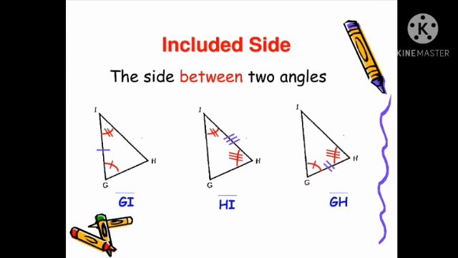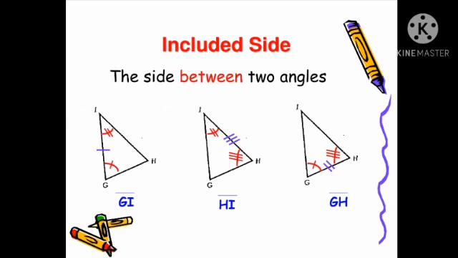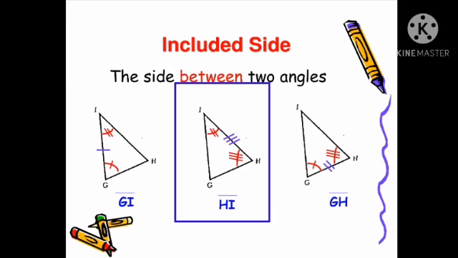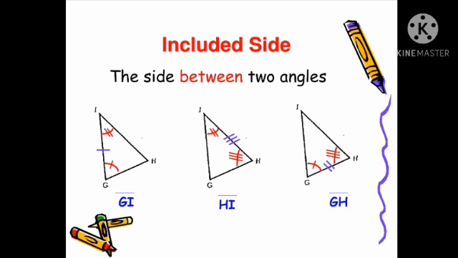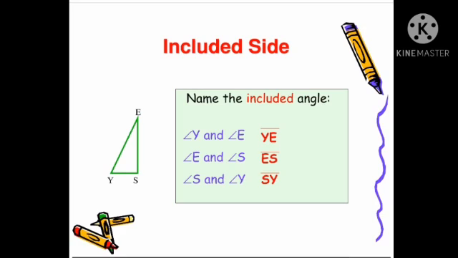Next, we have to understand the included side. In the first picture, between angle I and angle G there is one side, that is IG. This is called the included side. In the second picture, HI is called the included side because it lies between angle I and angle H. In the third figure, GH is called the included side because it lies between angle G and angle H. Next, how to write the included side when a pair of angles is given.